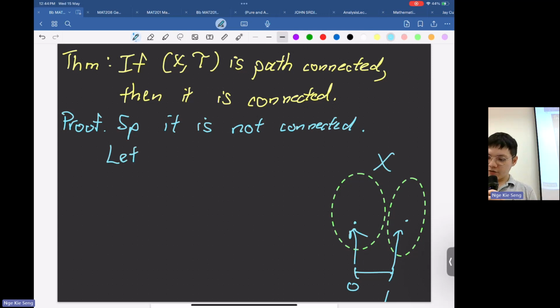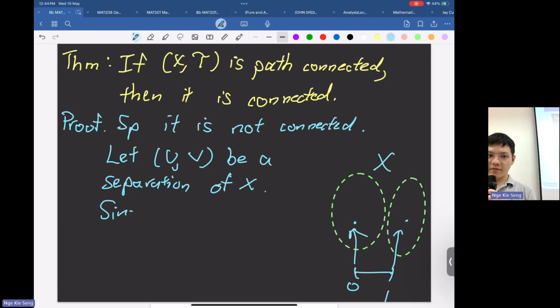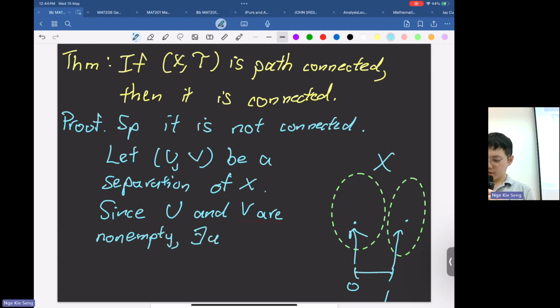So let U, V be a separation of X. Since U and V are non-empty, there exist u in U and v in V.